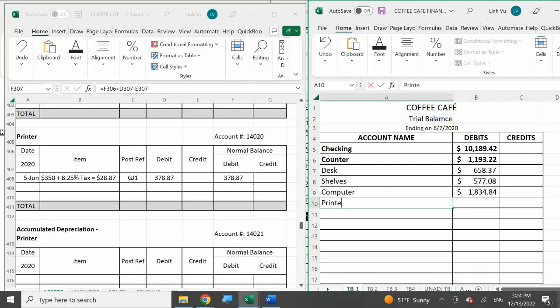I definitely have the printer for the total of $378.87. So right there, that could be a potential for making a typo. I could have accidentally put 387.78. I could have transposed the number, so that's why I want to make sure that it's 378.87. Okay?